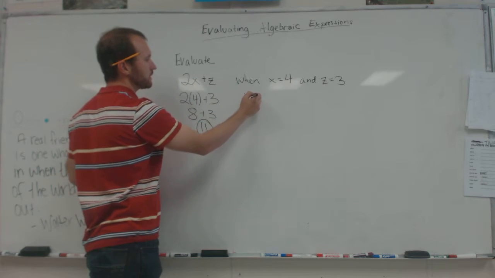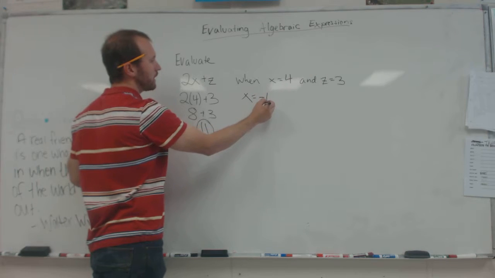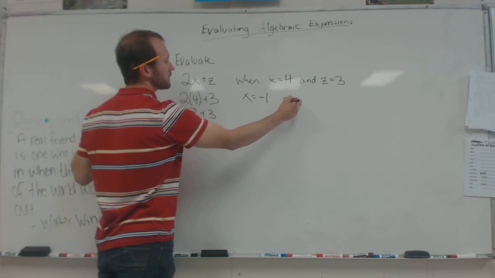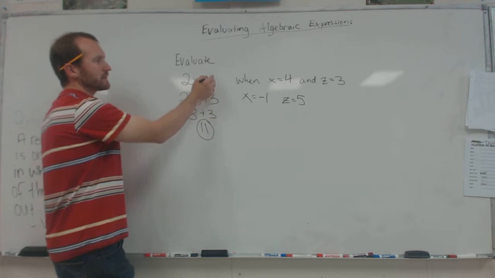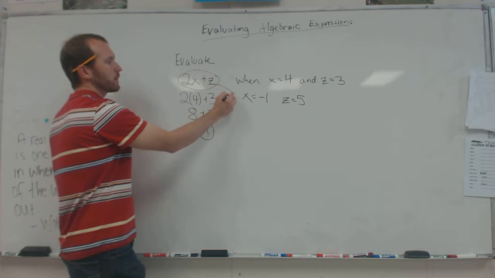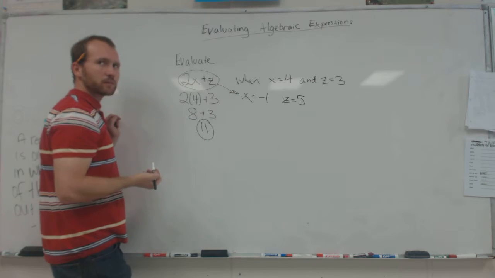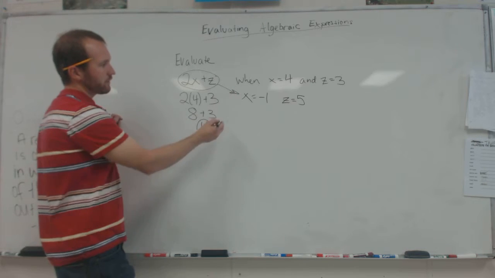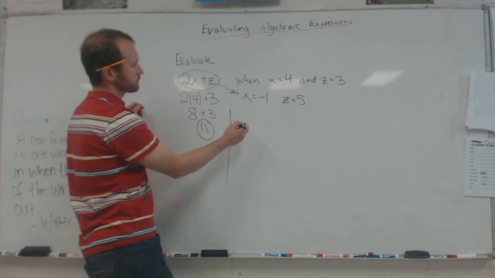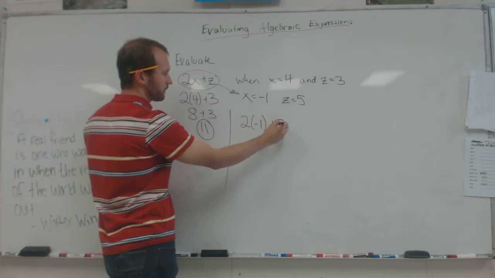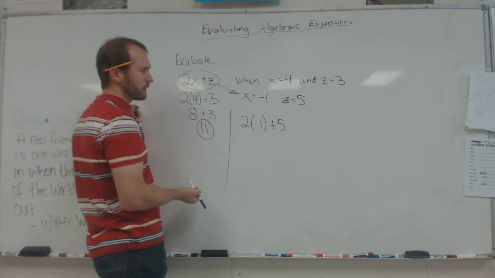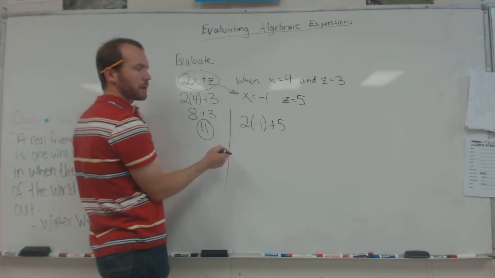Okay, what if I said now when x equals negative 1 and z equals 5? So we're going to take the same expression, but we're going to evaluate it with those numbers. What's my first rewrite going to look like? 2 times negative 1 plus 5. Very good. What is 2 times negative 1? 2.